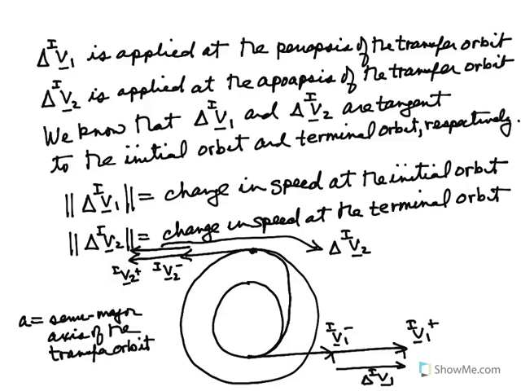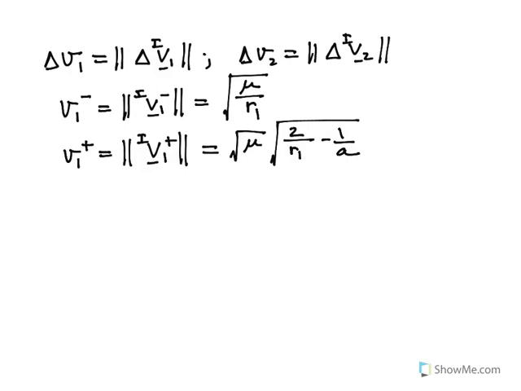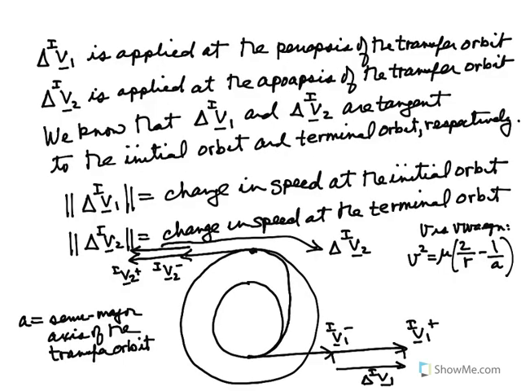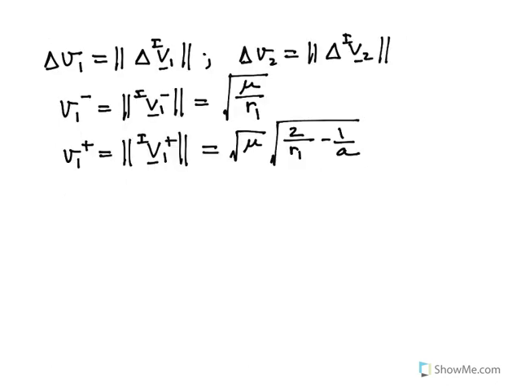Now, I'm going to remind everybody of the vis viva equation. I'll put it over here. So the vis viva equation says that v squared equals mu times 2 over r minus 1 over a. So, given the fact that the first impulse is applied at a distance r1 away from the focus, that gives me v1 plus. v2 minus, again, follows the vis viva equation the exact same way, which is v2 minus I, and that's equal to the square root of mu.